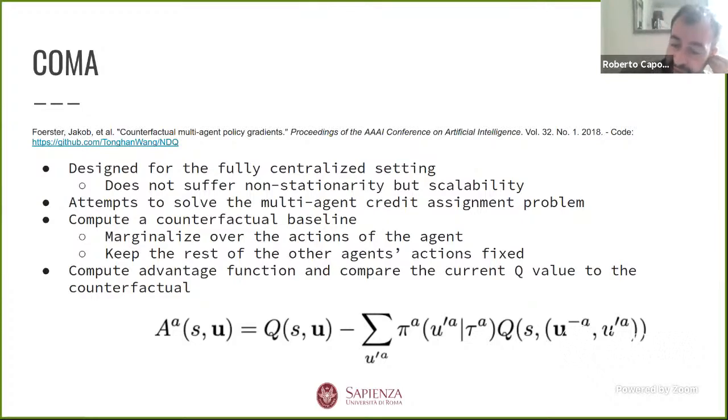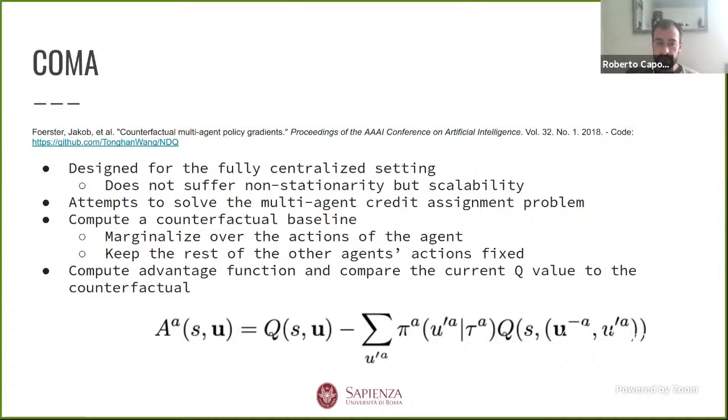So the advantage function typically is computed in reinforcement learning, in single agent reinforcement learning, by computing the difference between the Q function for certain action and the value function. So this is telling us how good is an action compared to the average action. This is the way we typically compute the advantage function.